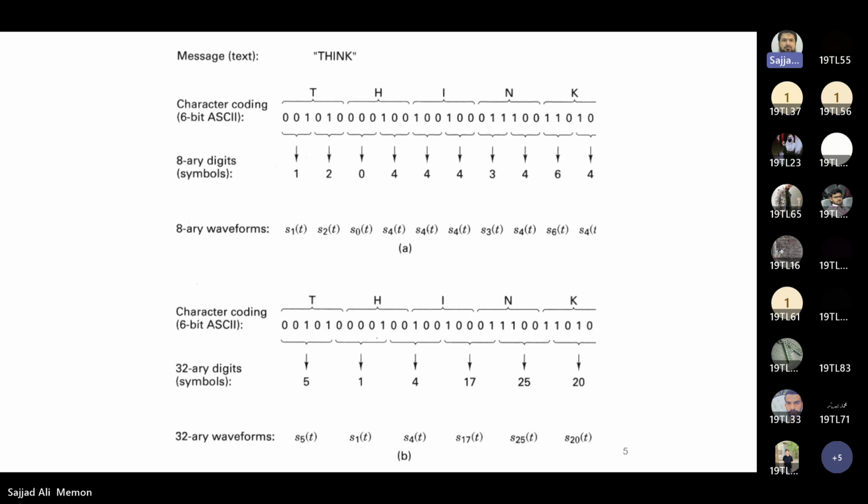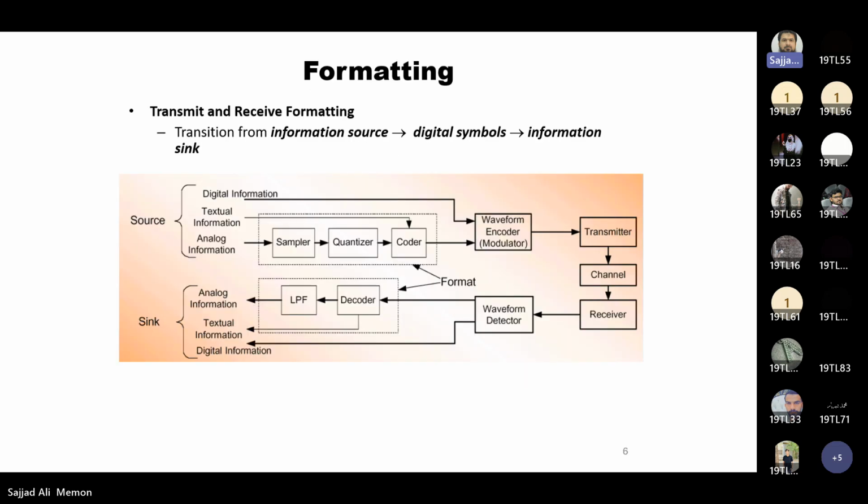It will be transmitted in terms of voltage levels in the waveforms. So on the physical line, if you are connected to the internet via wired or wireless, your data will be communicated through waveforms, and these waveforms are the voltage levels or current levels that will be used to represent your data. So that is the first step that we are calling formatting. And we have used the ASCII code, 7-bit ASCII code, maybe 6-bit, depending on the machine.